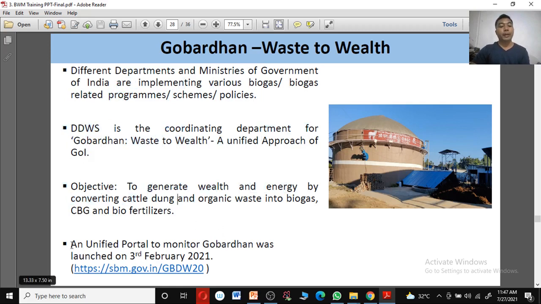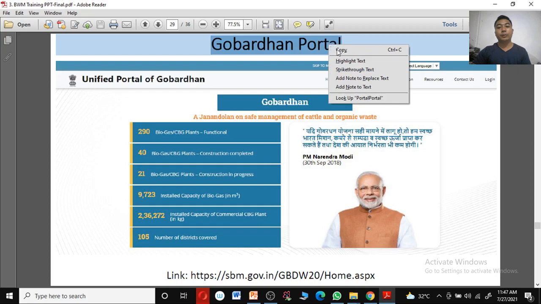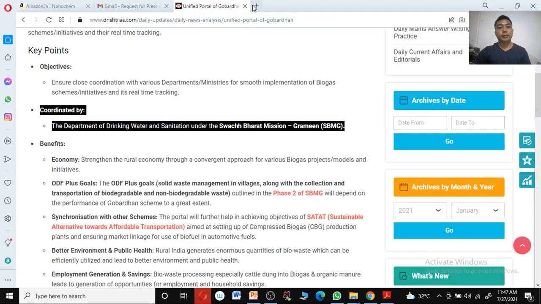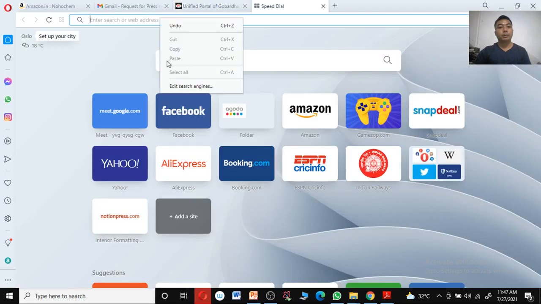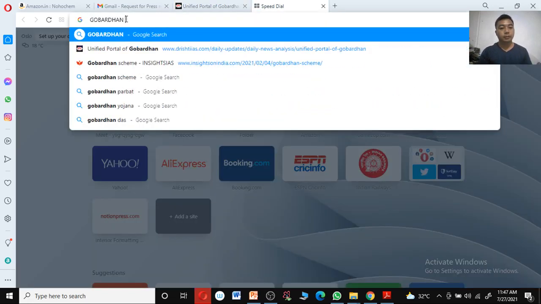The unified portal to monitor Gobardhan was launched on 2nd February 2021. This is the website, spmg.gov.in. So this is the Gobardhan portal. If you click the Gobardhan portal, you can see it, or let me show you.